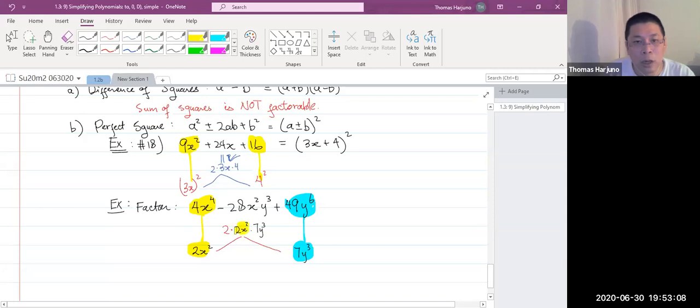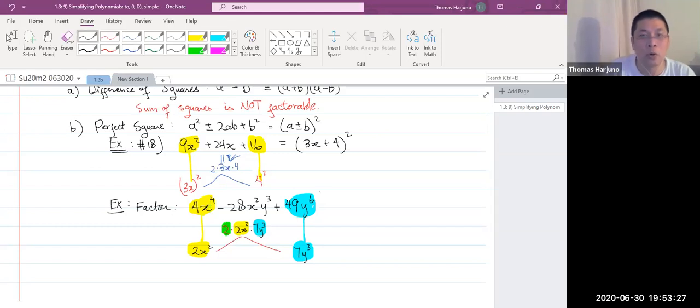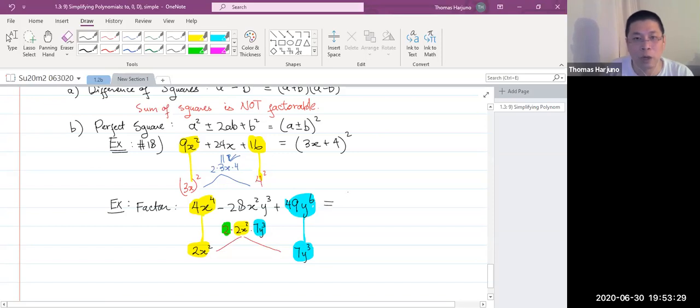Now don't forget to double it. Does it match? 2 times 2 times 7, that's 28. We have x squared, we have y cubed. Yes, it matches. So this must be a perfect square case. 2x squared minus 7y cubed being squared.